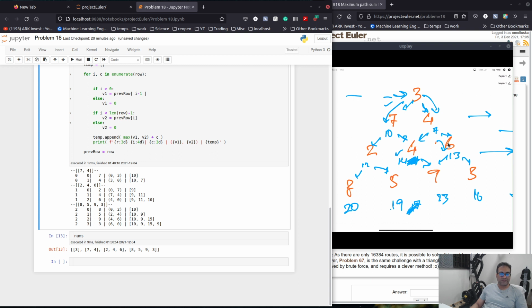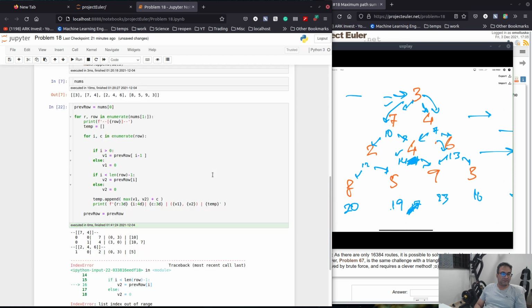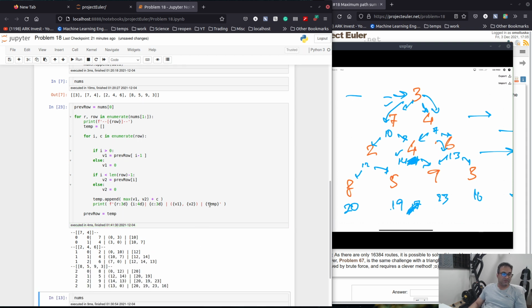And for 6 there is only one value. Okay, so that is actually what should be your previous row. Like that.